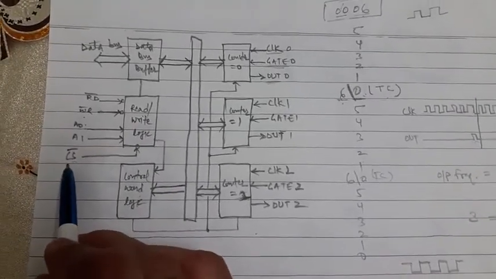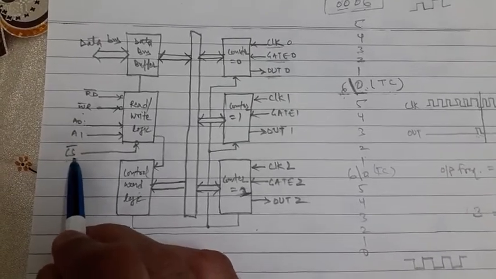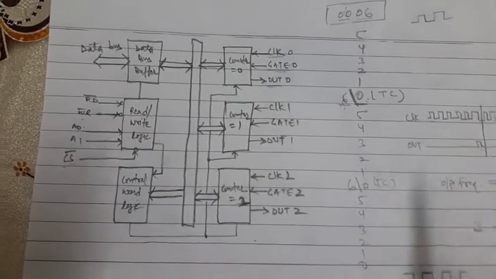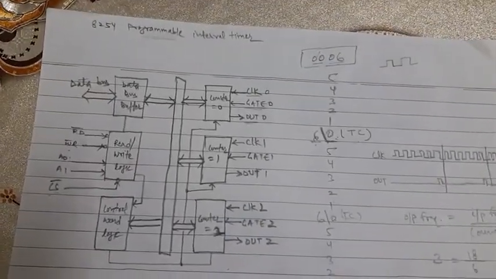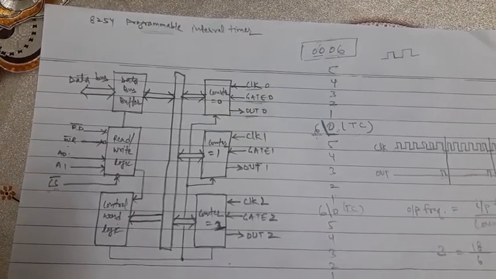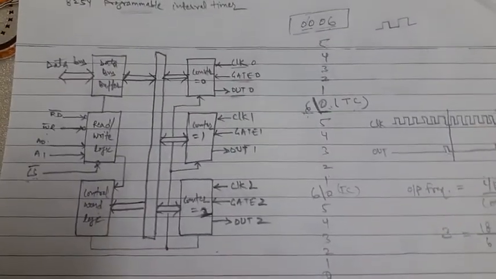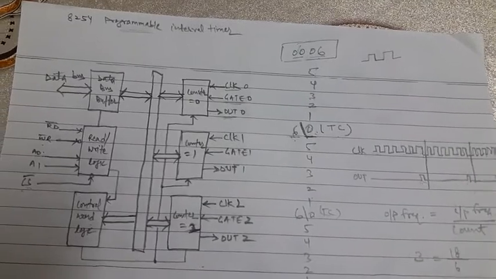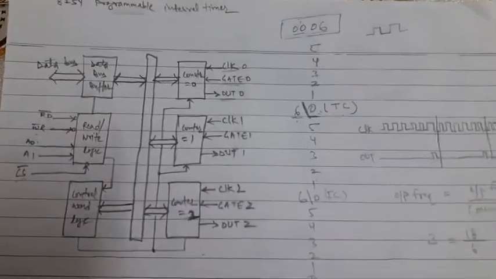We connect that line to this chip select, and as 8254 is an IO device, an IO chip, it has an 8-bit address only. So when that particular 8-bit address for 8254 is given on the chip select, then only this 8254 will be selected, otherwise this chip will not be selected.